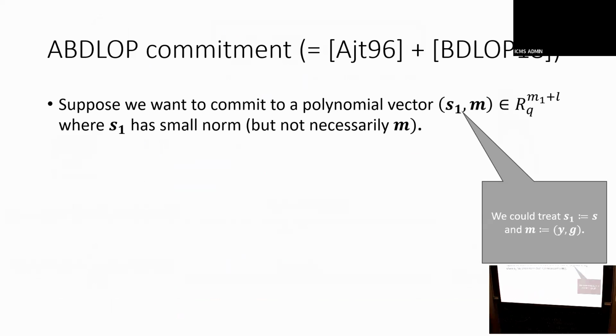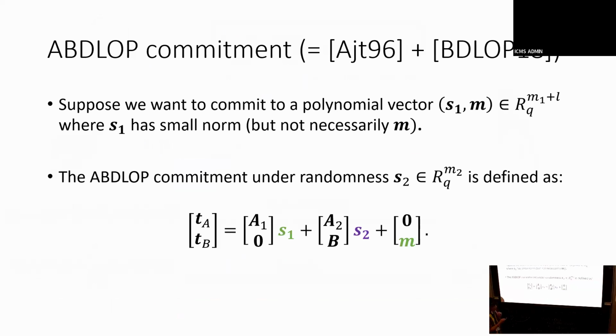And now what is the commitment? The commitment consists of two parts, TA and TB. TA is A1S1 plus A2S2, where A1 and A2 are uniformly random matrices. S2 is my randomness, which I will sample.